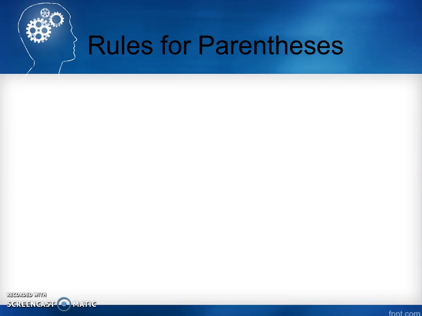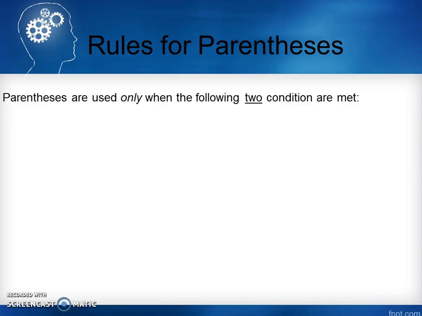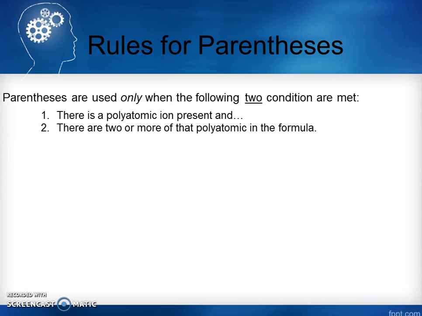Rules for parentheses. Now, parentheses are only used when the following 2 conditions are met: there is a polyatomic ion present, and there are 2 or more of that polyatomic in the formula.